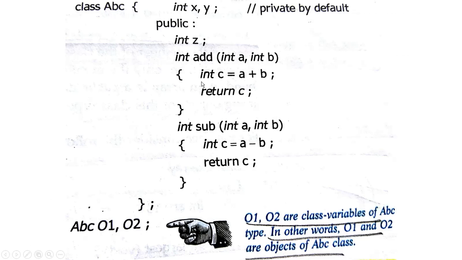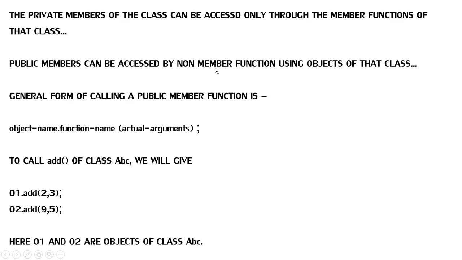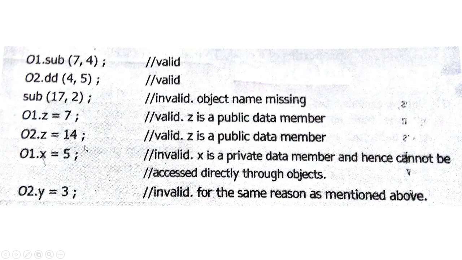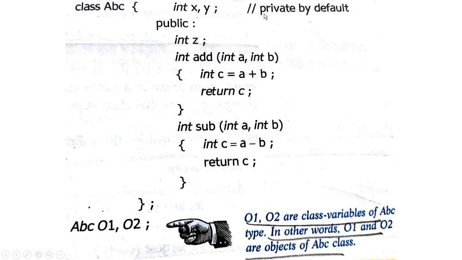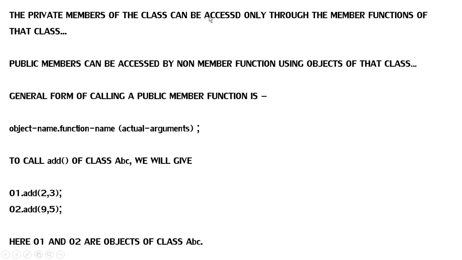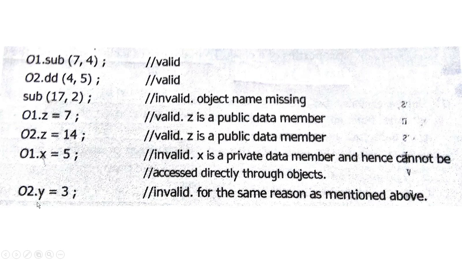Now x is a private member, and a private member cannot be accessed by using objects. This is wrong, invalid, because x is a private member. Now the last one here is O2.y. O2 is an object, then y is a private member, therefore you cannot access it using an object, therefore it is also invalid for the same reason mentioned here.